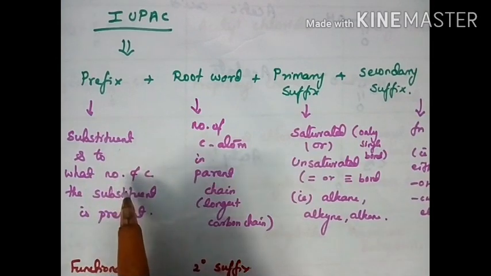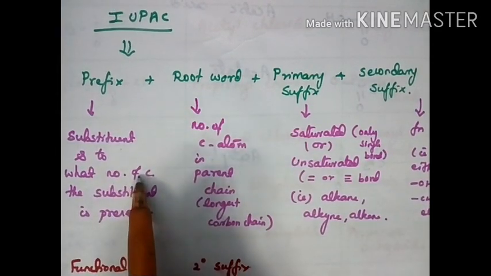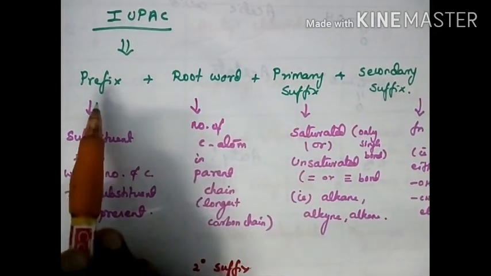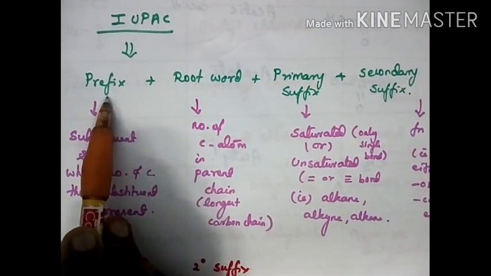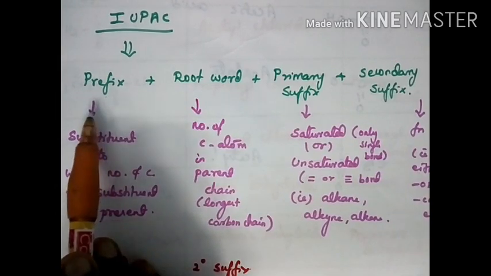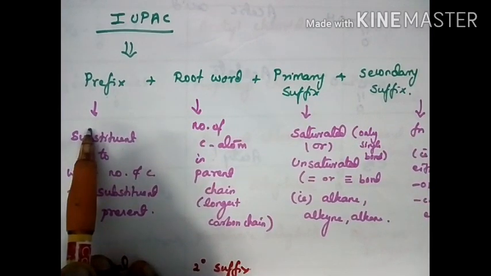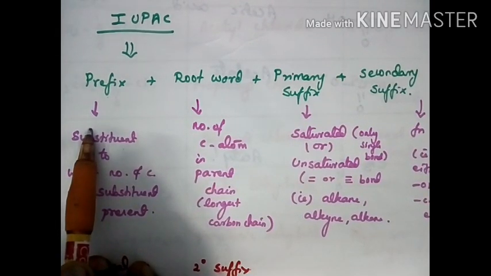So first you must find and write the prefix of the compound. If any substituent is there, first you write that along with the position where it is attached.